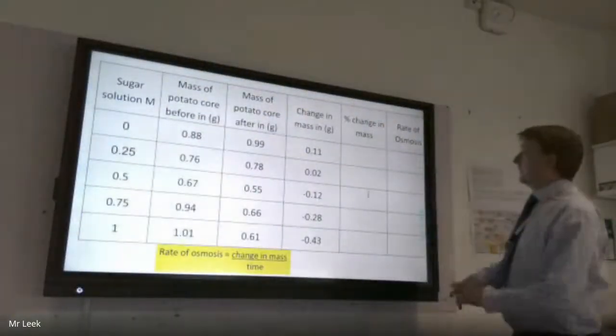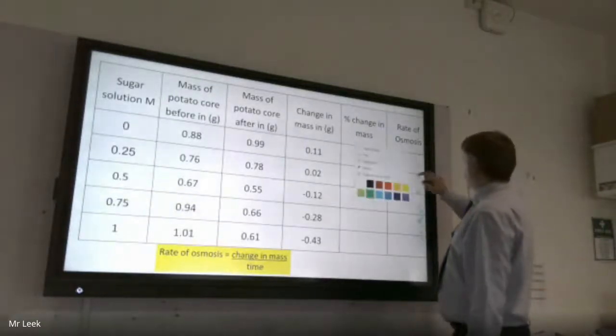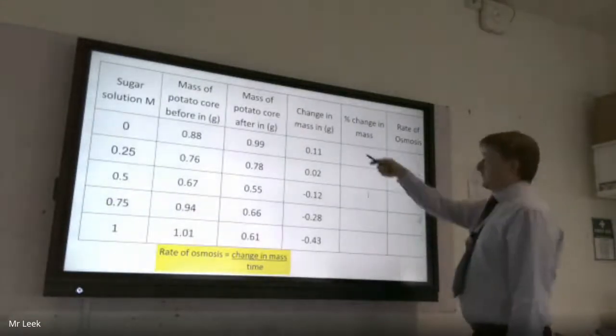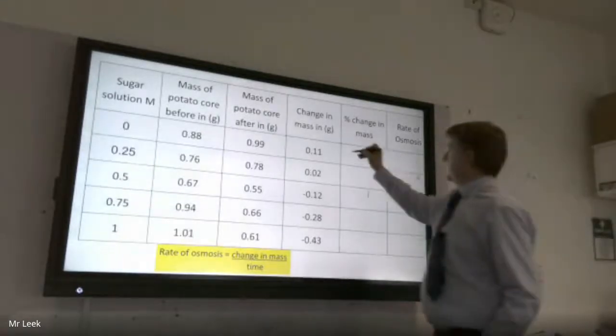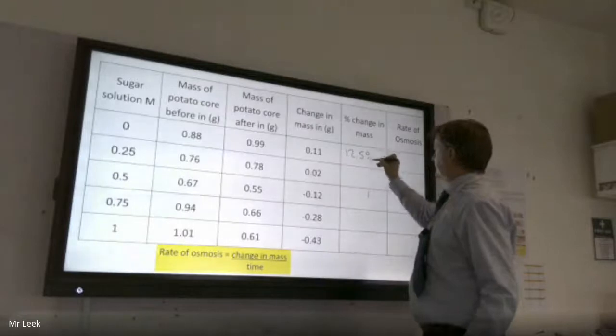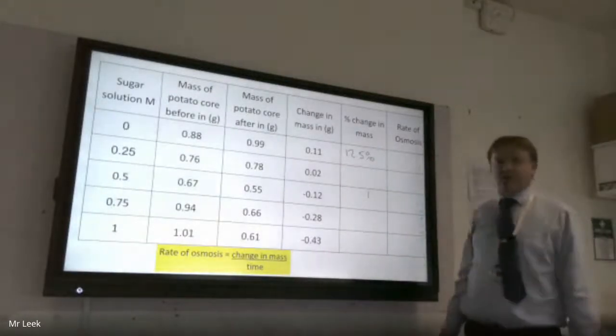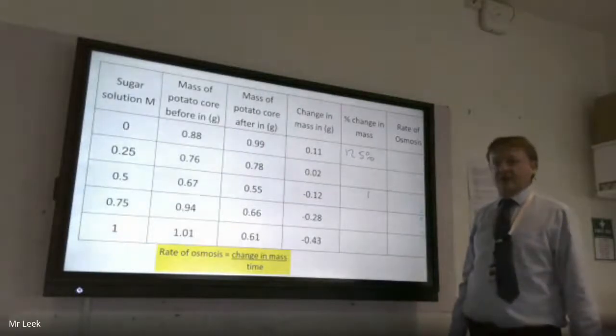So for this one, let me change the colour again, go back to black. We've got in that box there 12.5%. For the rate of osmosis, we left it for 24 hours.